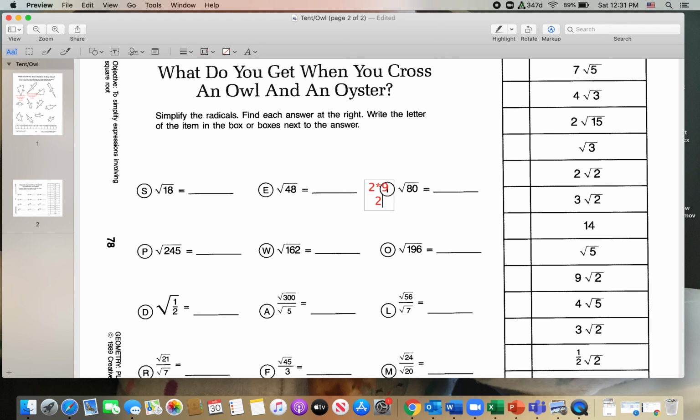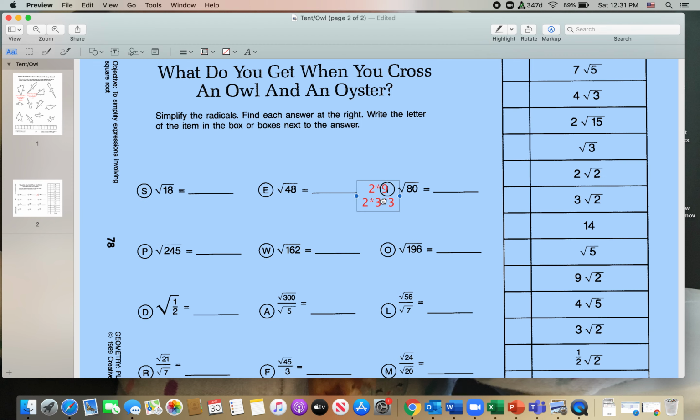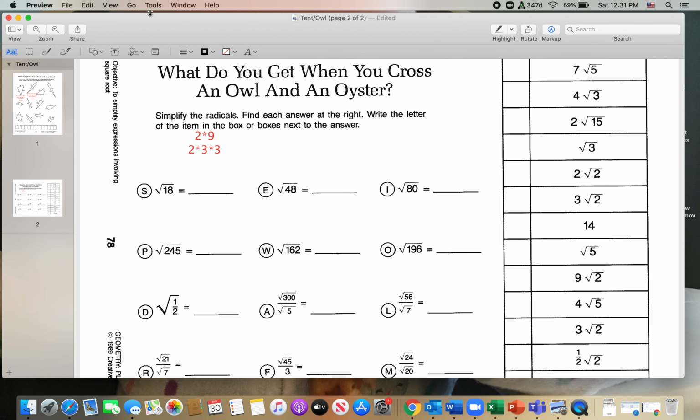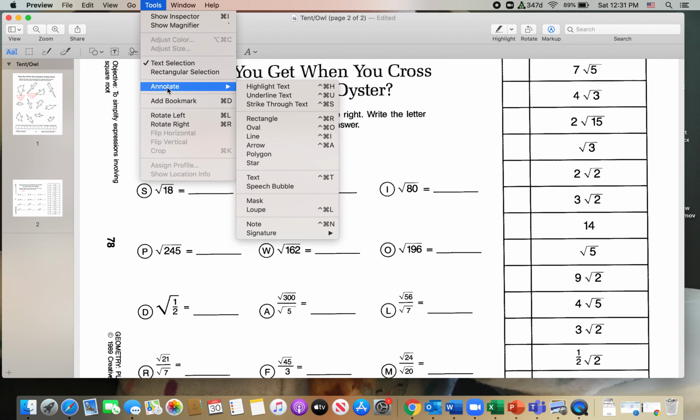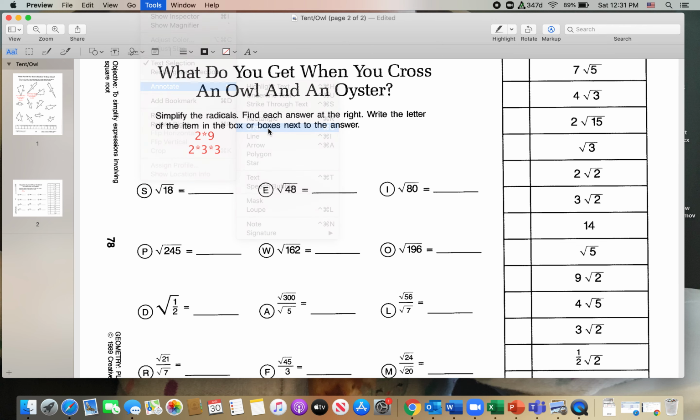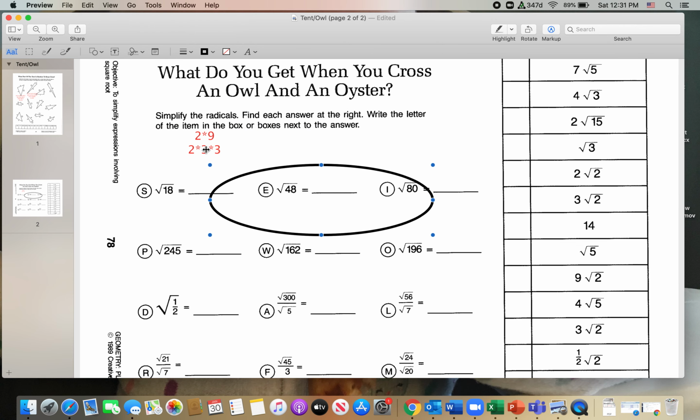The 2 is prime, but the 9 isn't. It's 3 times 3. Now, my process when I do these is, if I have a pair of those, then I go through and circle it. So I've got 2 3s.